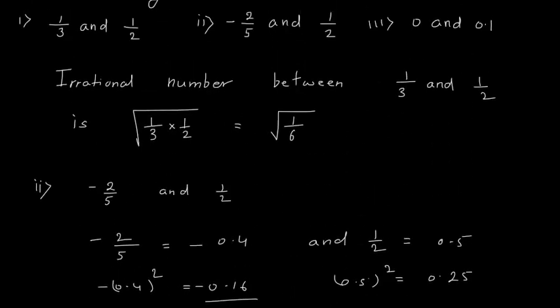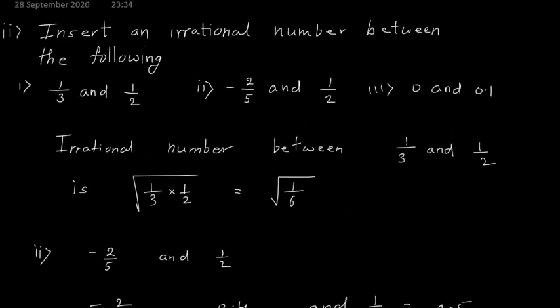Okay. Now the third question is 0 and 0.1. So again in the same manner you can do. We have 0 and 0.1. Now the square of 0 is 0 and the square of 0.1 is 0.01. Okay.